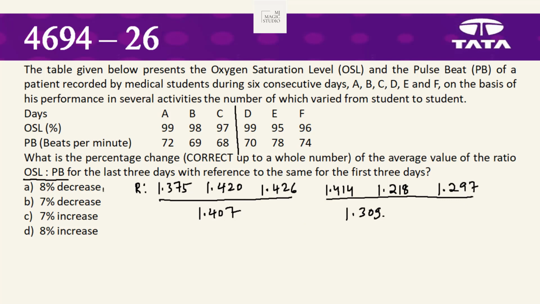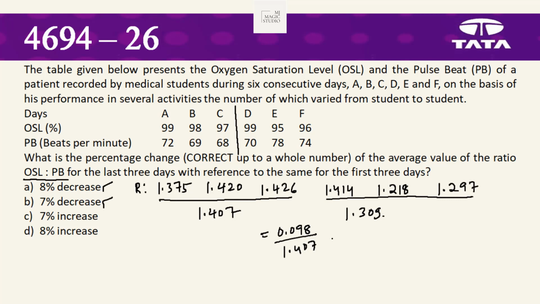Obviously it has decreased. So it is decreased by how much percentage we need to see. 1.407 minus 1.309, that is 0.098 divided by 1.407, because with reference to the first 3 days.